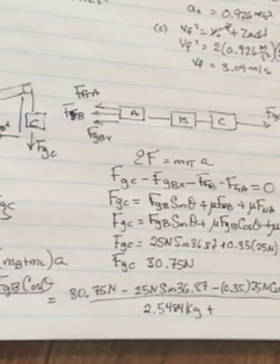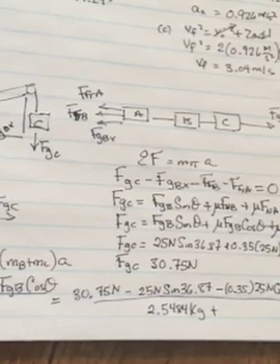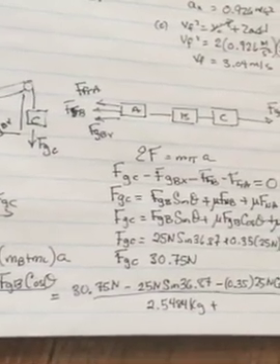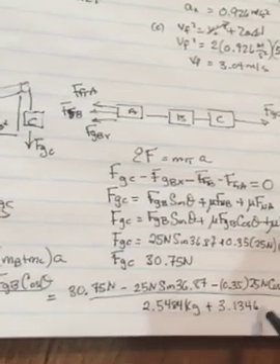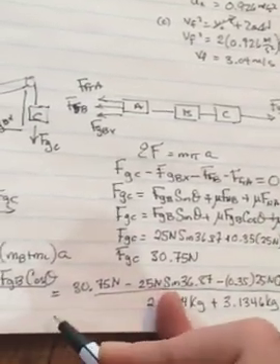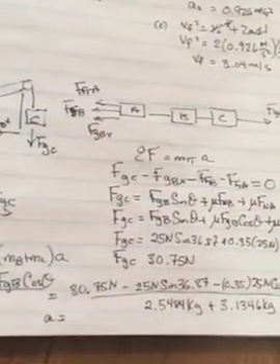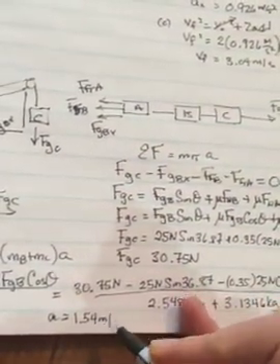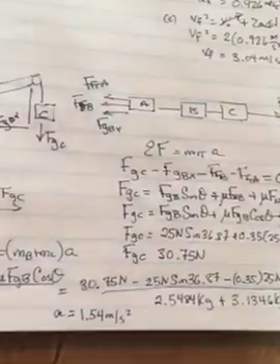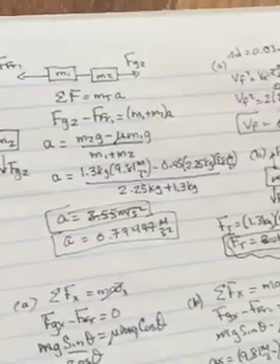And you're going to add to that 30.75 divided by 9.81, which is 3.1346 kilograms. Okay, do the math, and you should get an A of, cheating and looking at the sheet, 1.54 meters per second squared. Okay? So there are 4, 5, and 6. Hopefully these are getting better.